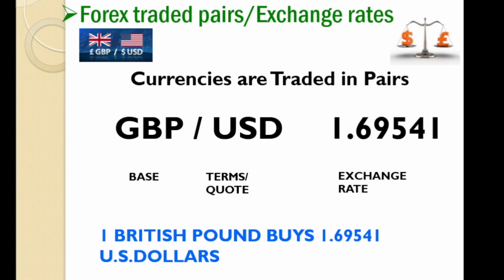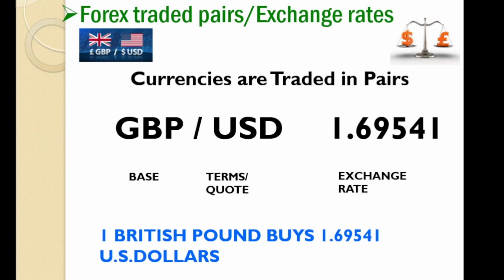When we trade 2 currencies in a pair, take for example the Great British Pound versus the US dollar, the first currency in the pair is often referred to as the base currency, and the second currency is referred to as the term or the quote currency.